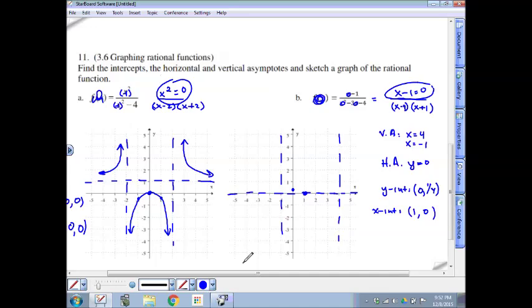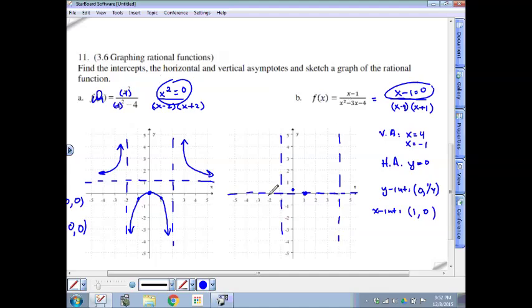So now we've got to try to figure out where the graph is. Starting over here on the left, either we have a piece of the graph that looks like that, or it may look something like that. Because the horizontal asymptote is right on the x-axis, it's not quite as clear, so we need to test a point.